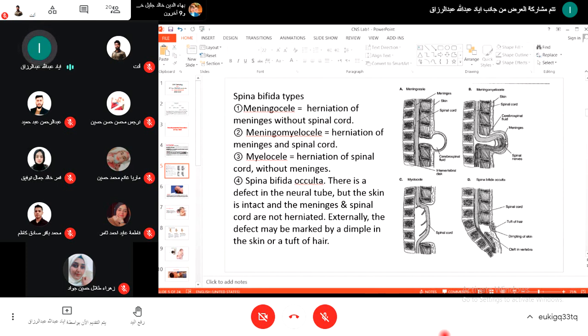Whereas here in meningomyelocele there is herniation of both spinal cord and meninges. In meningocele, there is herniation of the meninges through a bony defect without the spinal cord. Here is a myelocele, there is herniation of the spinal cord without any covering, without meninges.